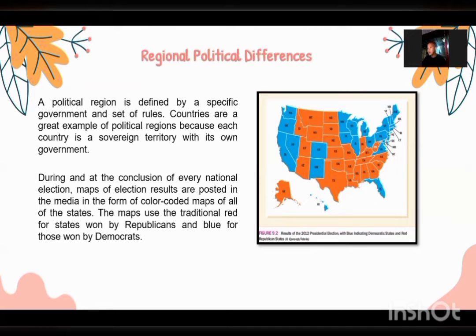We have here the map of the US, which shows the 2012 presidential election cartography. At the conclusion of every national election, maps of election results are posted in the media in the form of color-coded maps of all the states. The maps use the traditional red for the states won by the Republicans and blue for those won by the Democrats.